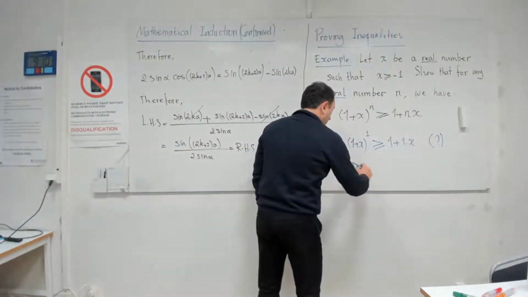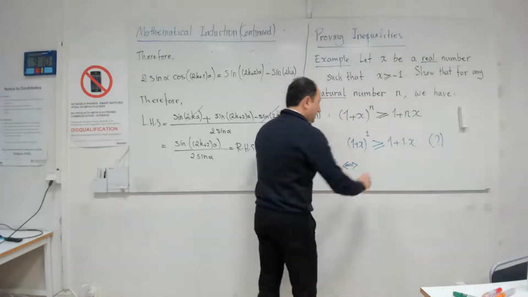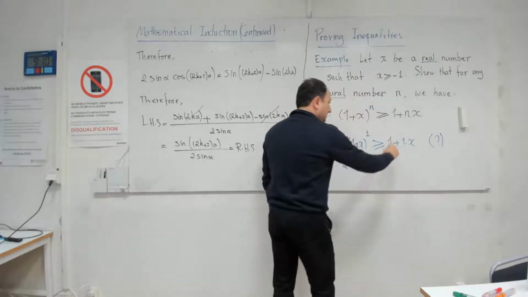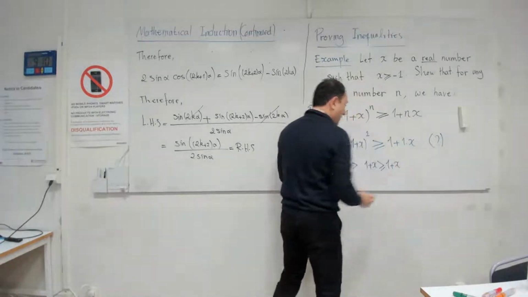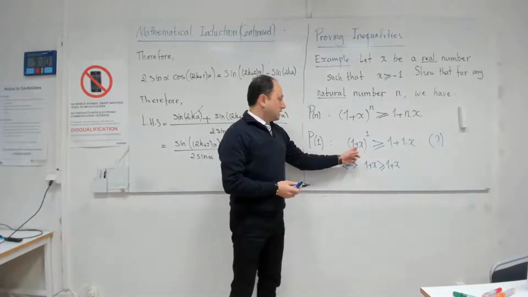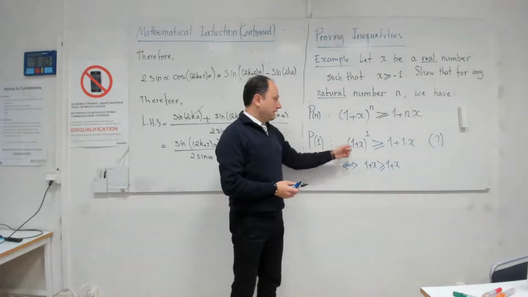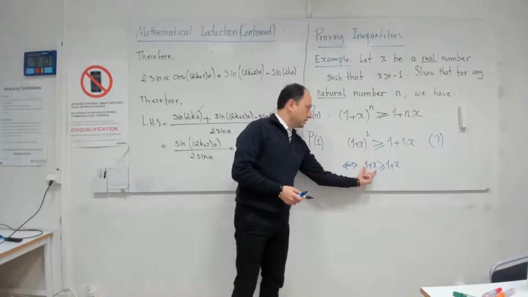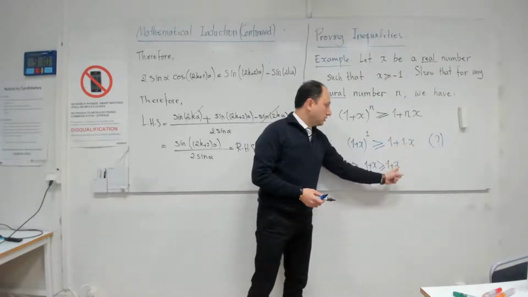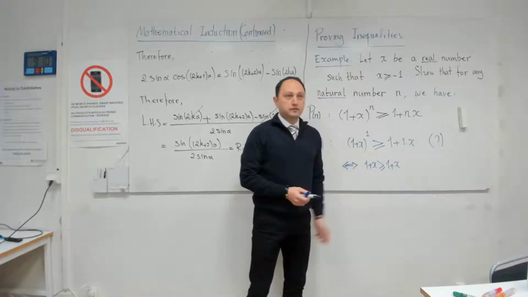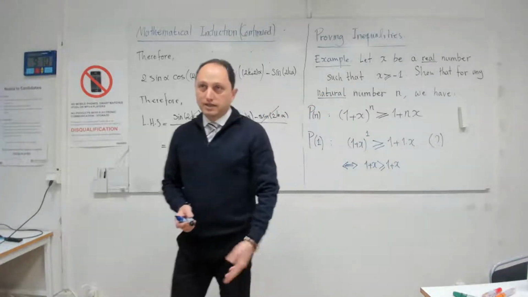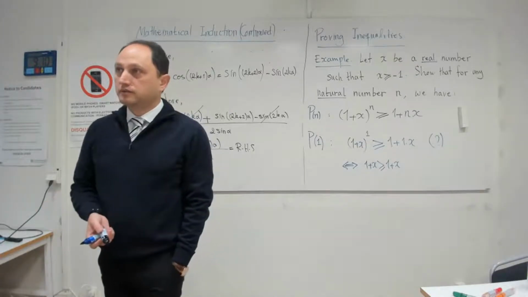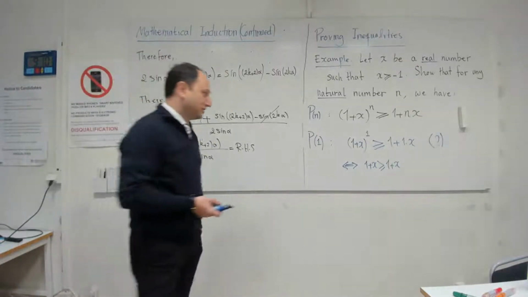So this is equivalent to 1 plus x is greater than or equal to 1 plus x. Agreed? I just algebraically simplified this expression. So (1 plus x) to power 1 is 1 plus x, and 1 times x is also x. Is this true or false? 1 plus x is greater than or equal to 1 plus x. True or false? True. Okay, so it's true.